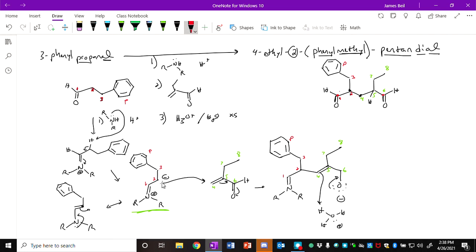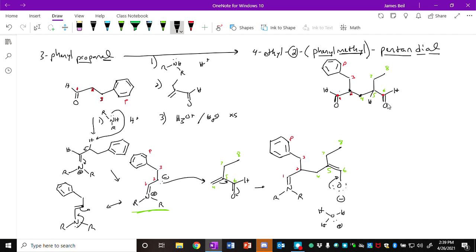Oh, mistake. Carbon 2 will collide here, and these pi electrons end up between 5 and 6, not between 4 and 5. That's the second time I did that today. There we go. That makes more sense.